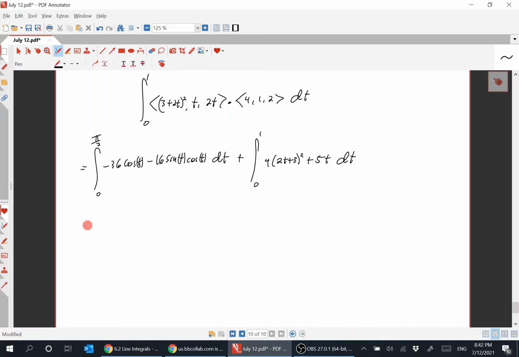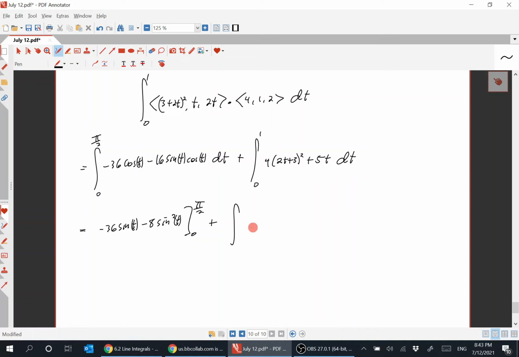All right, so the antiderivative here: the antiderivative of minus cosine is minus sine. Sine t cosine t, the derivative of 1/2 sine squared t is sine t cosine t, and the derivative of sine squared t is 2 sine t cosine t, from 0 to pi over 2. And this one I have to write out the whole thing, right?